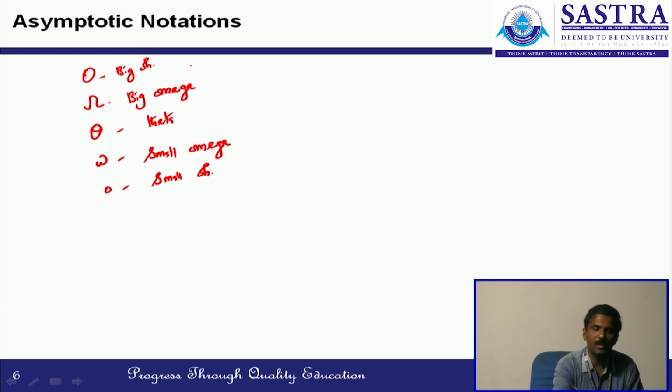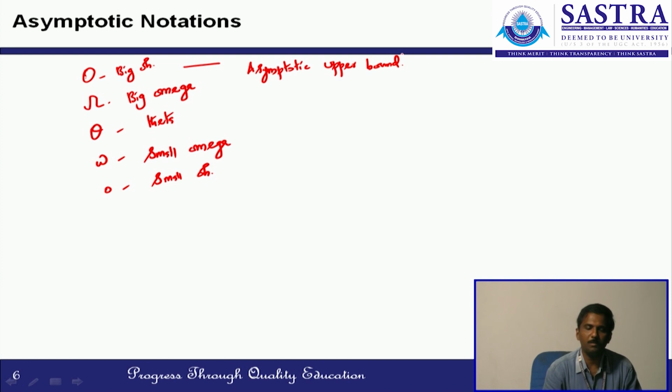A big O, this is asymptotic upper bound notation. Big omega, this is said to be the asymptotic lower bound notation. Theta, asymptotic tight bound notation. Small o, asymptotic upper bound that is not asymptotically tight.